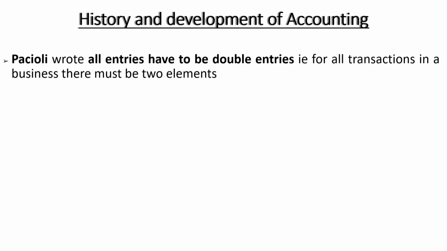Earlier, the accounting system was a single entry accounting system. However, the modern accounting system is the double entry accounting system. What is the double entry accounting system? In the double entry accounting system, for all transactions in a business, there must be two elements.